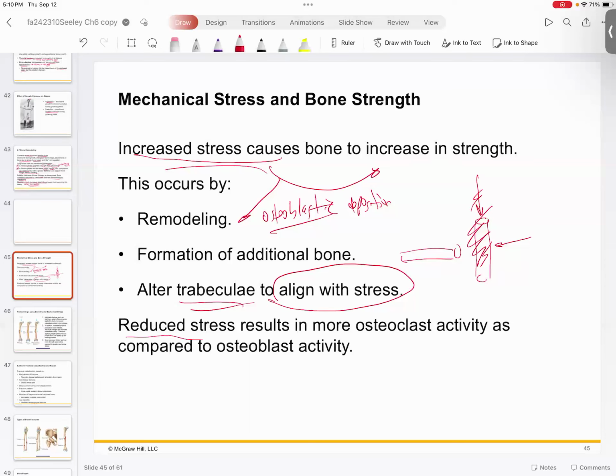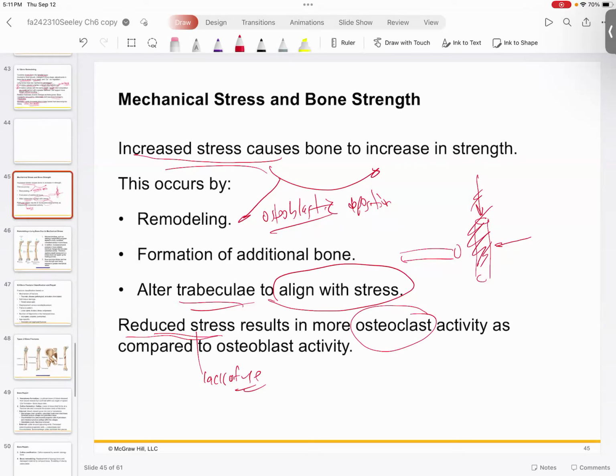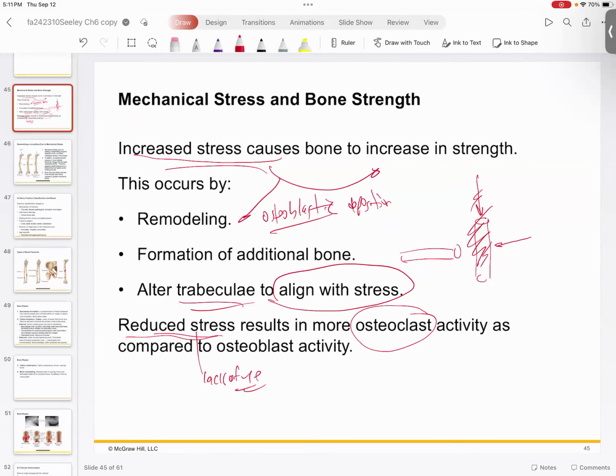And if you reduce the amount of stress, for instance, lack of use, then that's going to tilt this homeostasis toward osteoclastic activity compared to osteoblastic activity. This is one of the reasons why your body is designed to be used. So you want to get out there and use your body, because your body builds itself and strengthens itself based on all of the use cues that you give it.